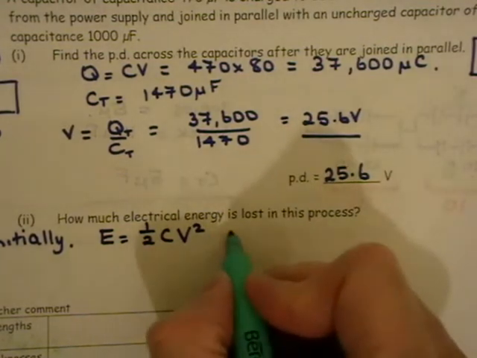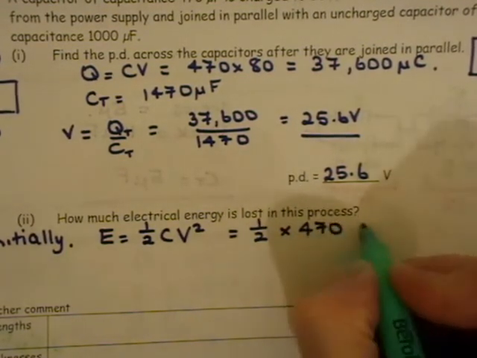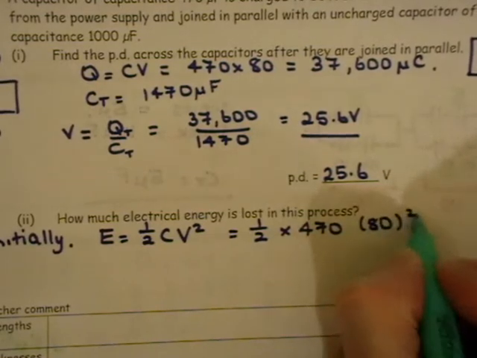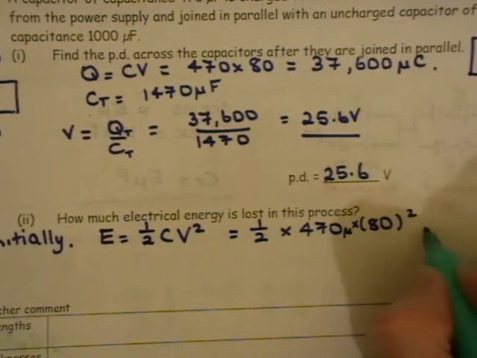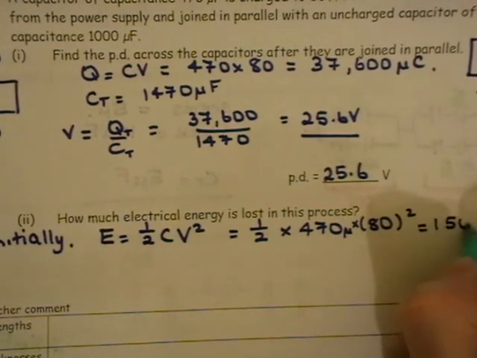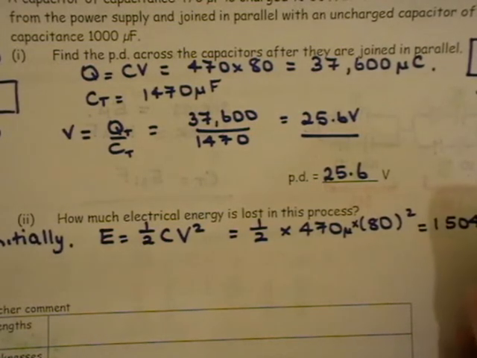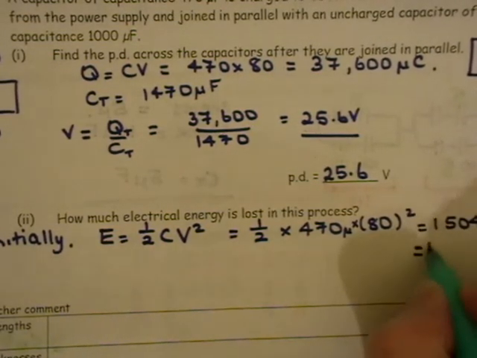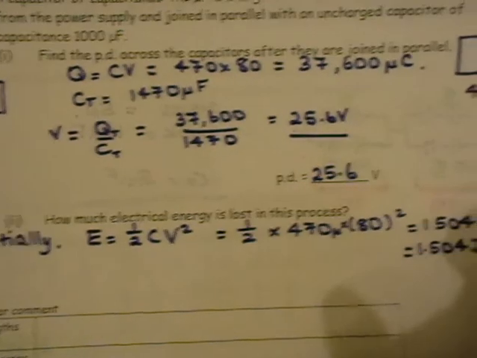Beforehand, you had a capacitance of 470 microfarads and a voltage of 80. That comes out as an answer of 1504 microjoules.